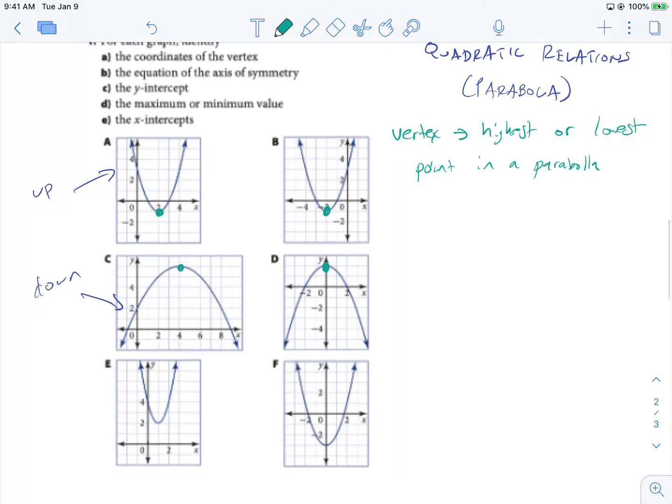So that is good to know, but how do we know if there's a high or a low point just by looking at it? Well, it's really easy to remember. If the graph opens up, that means your vertex, look at it, in both A and B it opened up, we had a low point, it means we have a minimum, which means a low point.